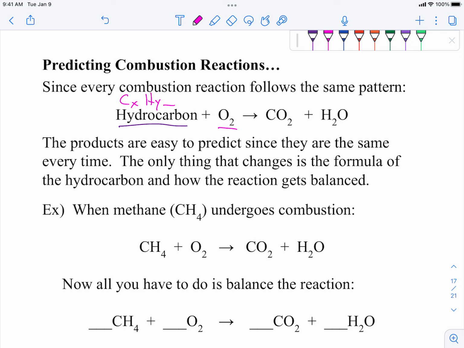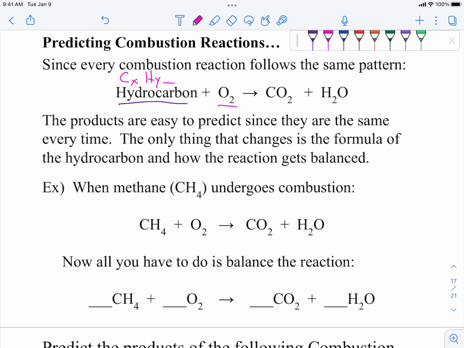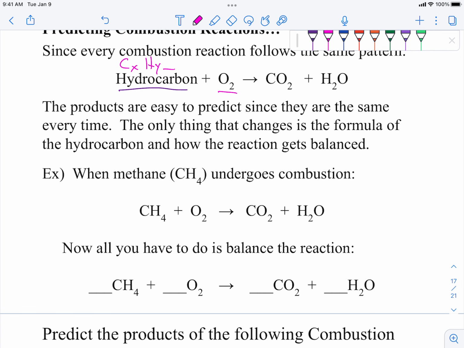So, really, the hardest part about combustion is the balancing sometimes, because you get a lot of halves with this one. So, let's balance methane. The specific pattern of balancing for hydrocarbons is what? What do you start with? Okay, so one carbon, done. What's your second element that you start with? Hydrogen. Okay, so I've got 4 H's on the left.